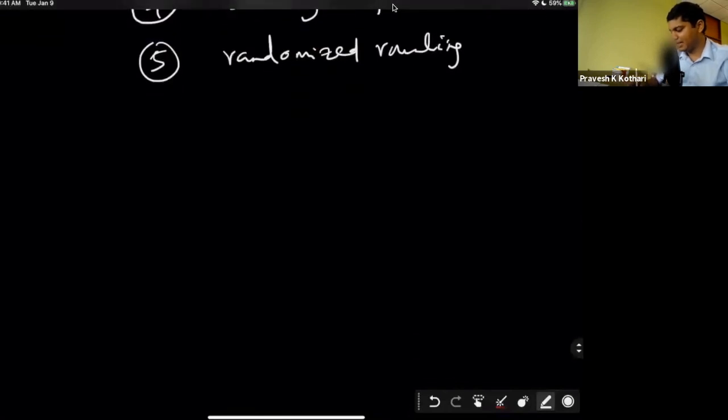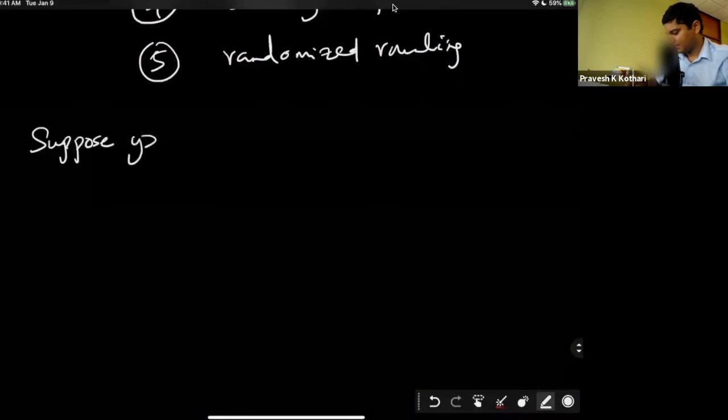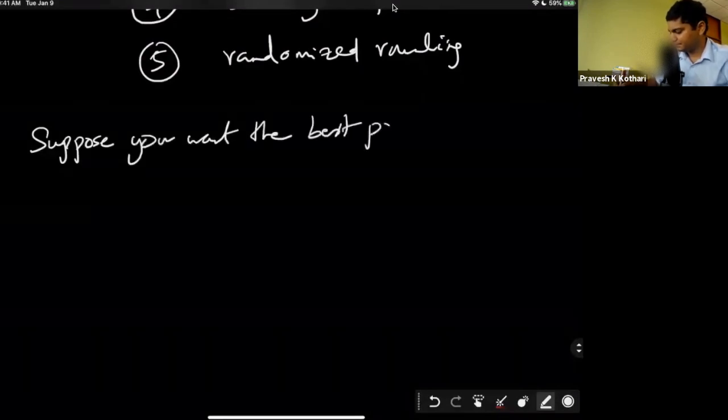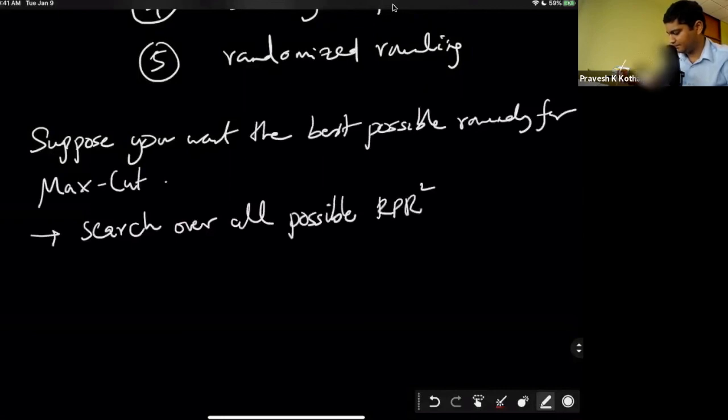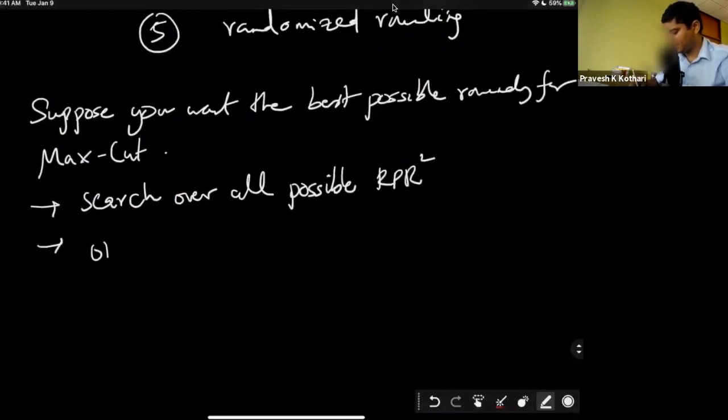So I'm not sure if I'm super understandable, so let me maybe write it down. Suppose you want the best possible rounding for the max cut problem, then what you can do is just search over all possible RPR square roundings and output whichever gives you the maximum value.